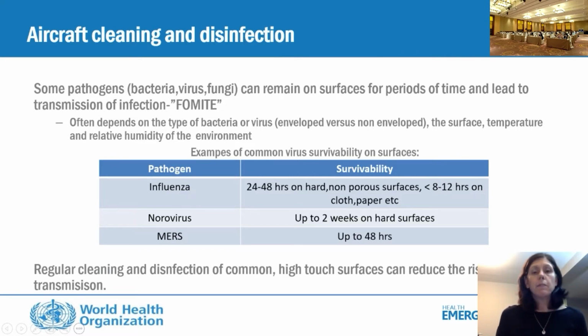Norovirus can last up to 2 weeks. And so basically the virus is hanging around on that surface and still viable, and could potentially then, if somebody touches it, and then touches their own face or eats something without washing their hands, they can then have that transmission occur. So regular cleaning and disinfection of those common high-touch surfaces can significantly reduce the risk of fomite transmission.